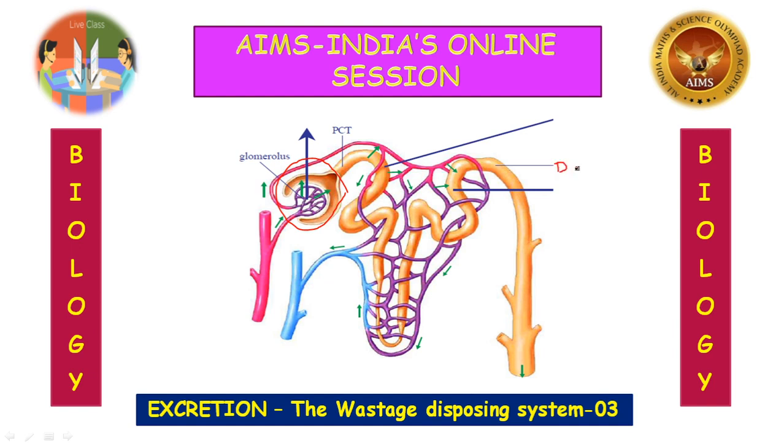Tubular portion is divided into proximal convoluted tubule, loop of Henle. So this is a loop of Henle or Henle's loop, and the last part is distal convoluted tubule, which opens into the collecting duct. So this is the collecting duct.